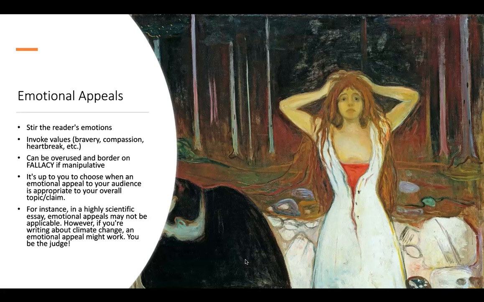So it's up to you to choose when an emotional appeal to your audience is appropriate for your overall topic or your thesis for your piece of argumentative writing. So for instance, say in a highly scientific essay, emotional appeals might not be applicable. They might not be the right choice. However, if you're writing about something like climate change, an emotional appeal might work, right? And you have to be the judge of your own writing and your own topic to decide when the different appeals are appropriate or applicable.